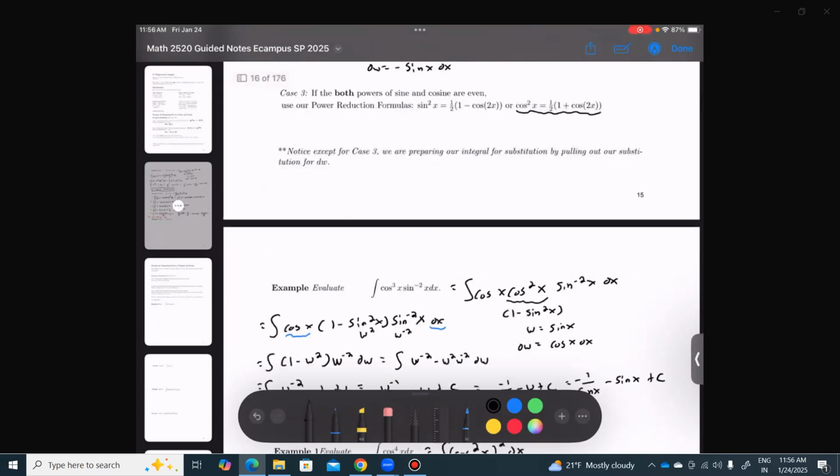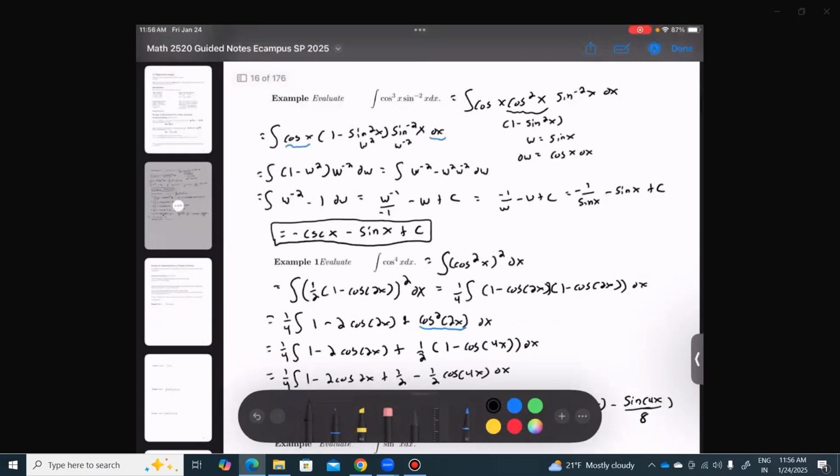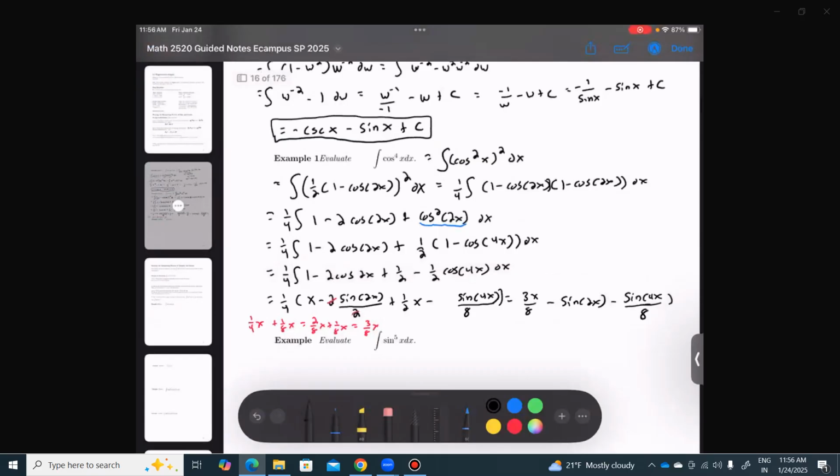I'll make sure. You know what? I do have a sign error, I noticed. Let me just adjust that. It didn't affect too much. Those should all be pluses. That stays plus.